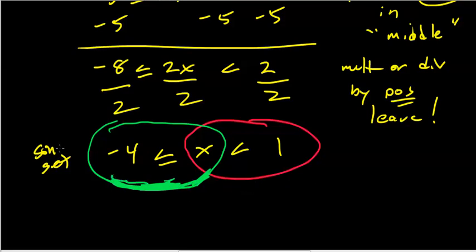So this is really telling me x is less than 1 and greater than minus 4. Let me write that down.